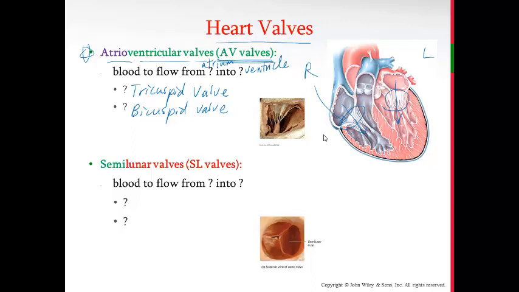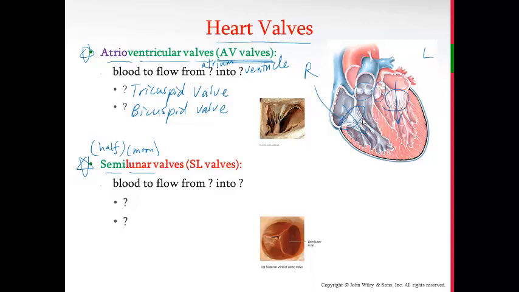Now we're going to take a look at the other set, which are the semilunar valves. Semi meaning half, lunar, moon. So they actually do look like a half moon in some sense. And so they are over here, one over here and the other one over here.